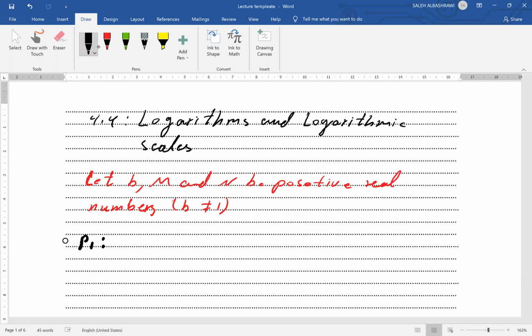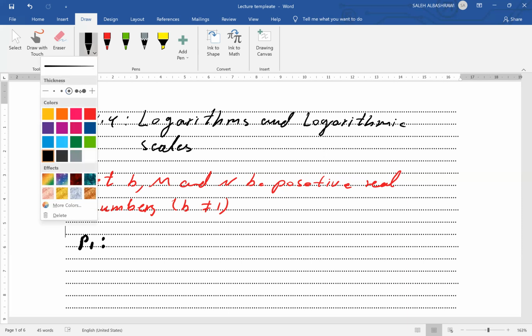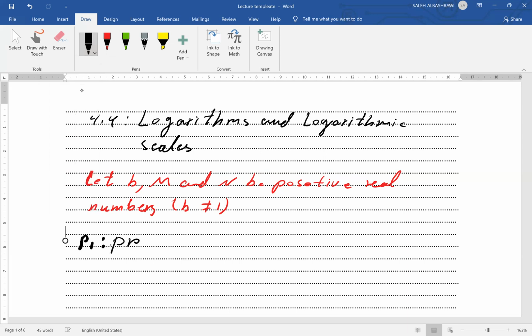The first property we call the product rule, or the product property.